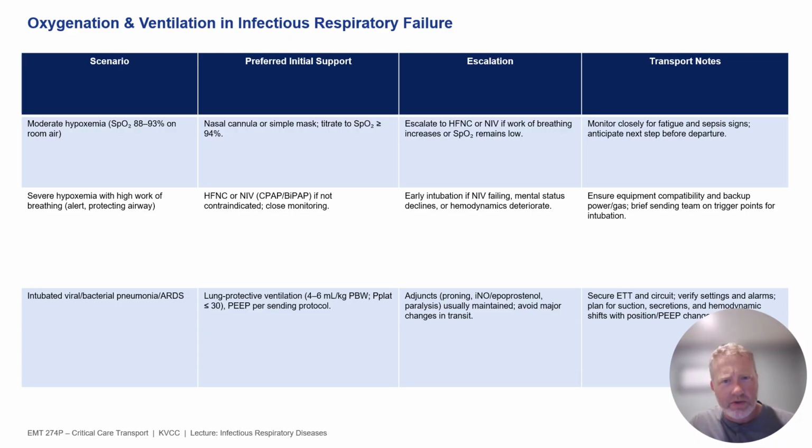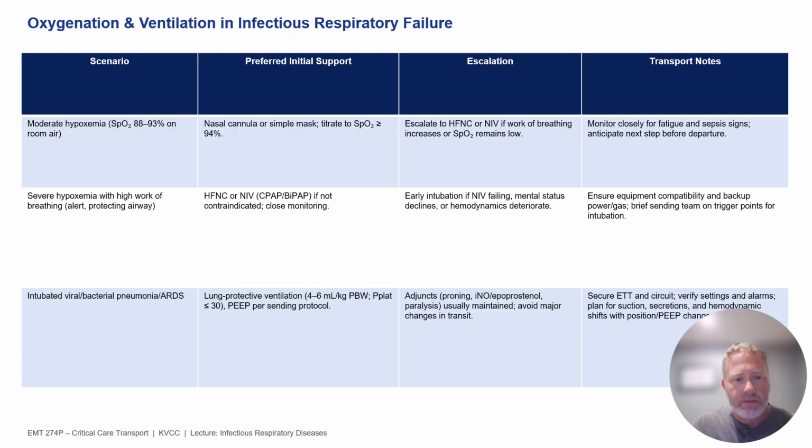This table brings together the oxygenation and ventilation strategies that we've discussed throughout the course, and applies them to the infectious respiratory failure context. The key principle as you look this over, that ties all of these together is, no surprise, lung protective ventilation.